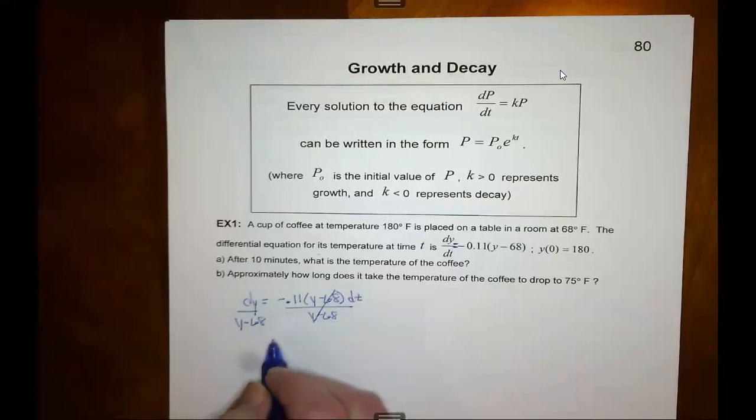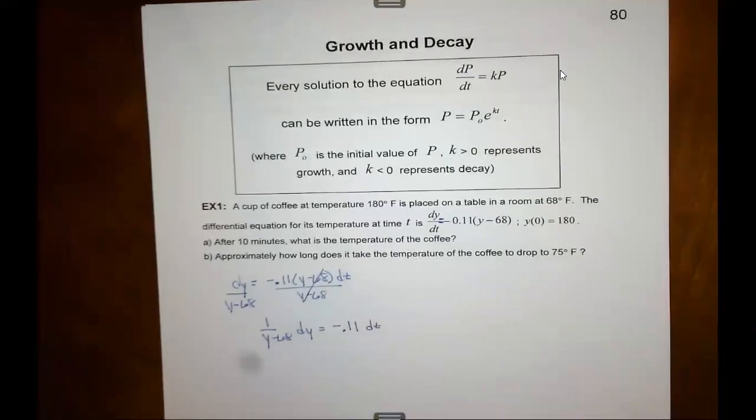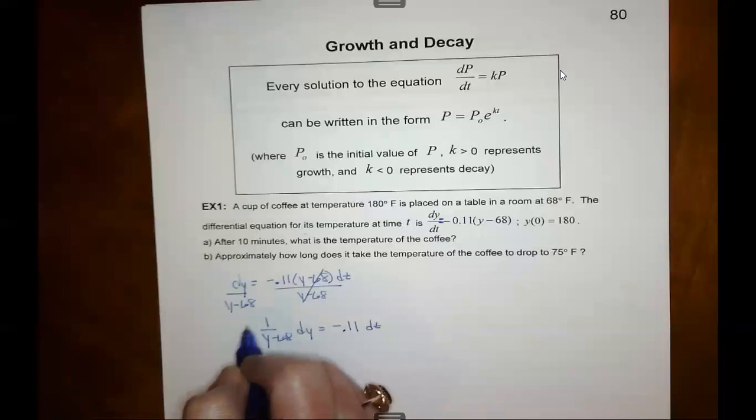And so I have 1 over (y minus 68) dy equals negative 0.11 dt. All right, so this is exactly what we did last week. Now we want to integrate that so that we can come up with our equation.